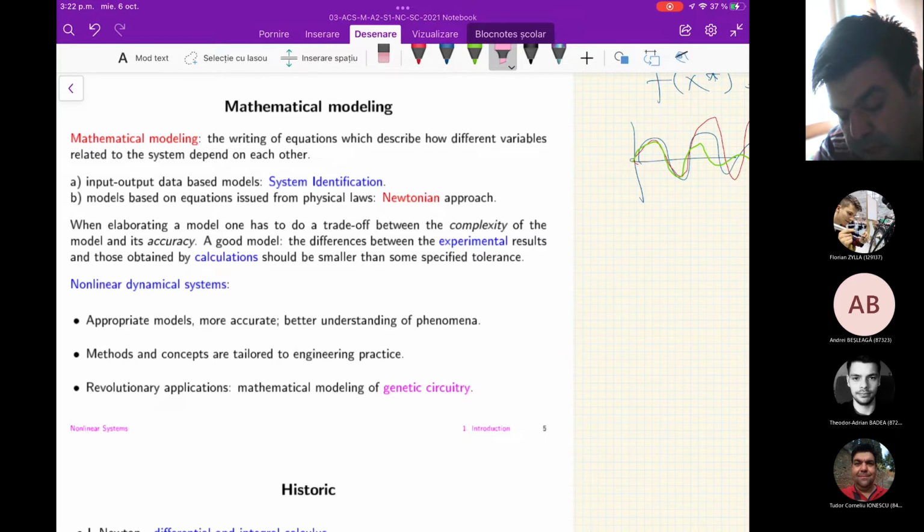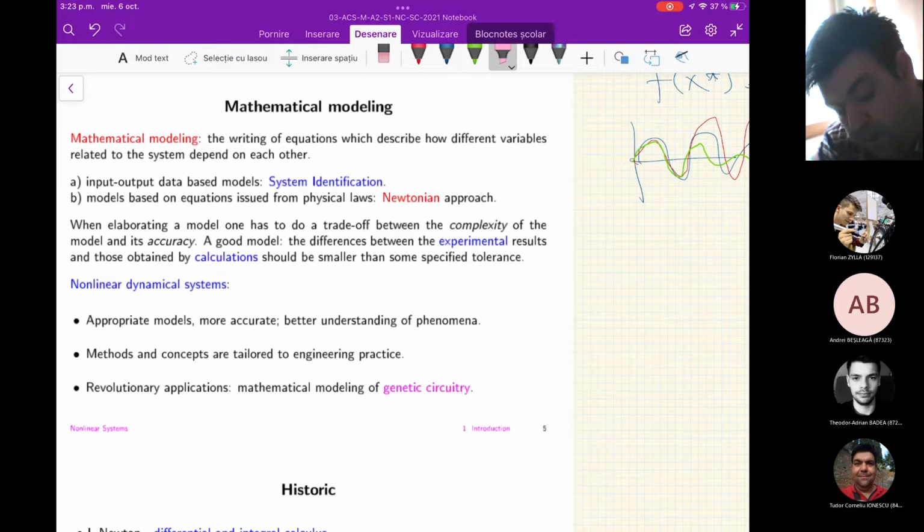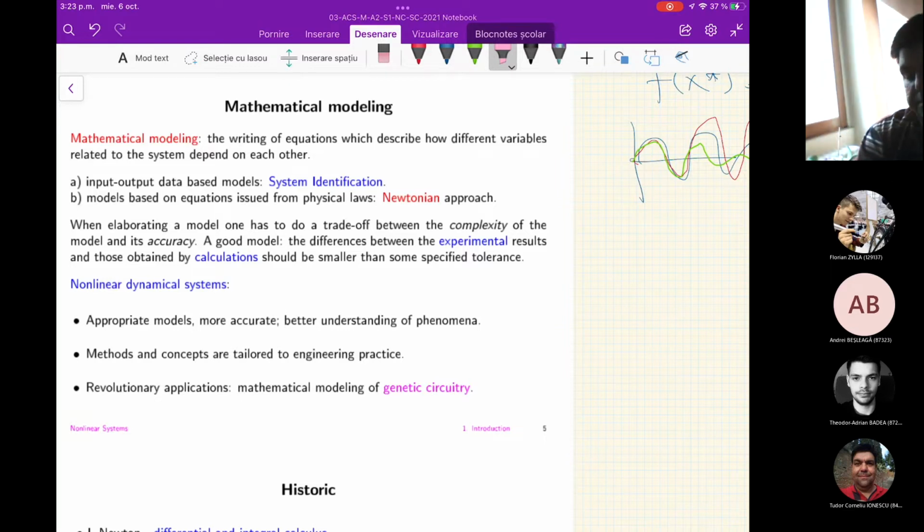And we also have models based on equations issued by physical laws, which is the Newtonian approach, like we saw in the mechanical oscillator approach. So we have input-output data-based models and models based on equations from physical laws.